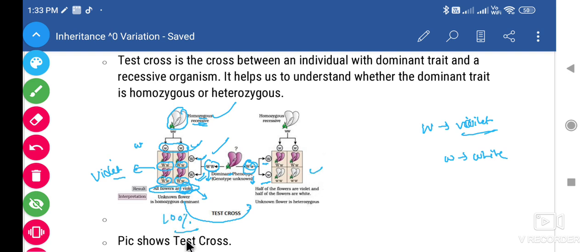Instead of 100% violet, there is a 50% possibility for violet color and 50% for white color. So there are two kinds of results you will observe in the heterozygous condition.